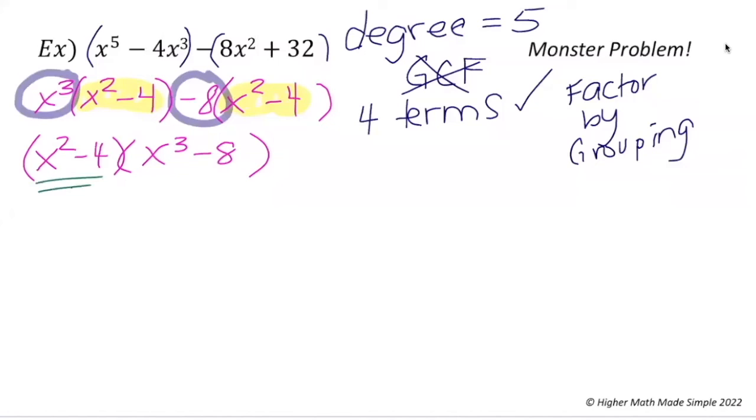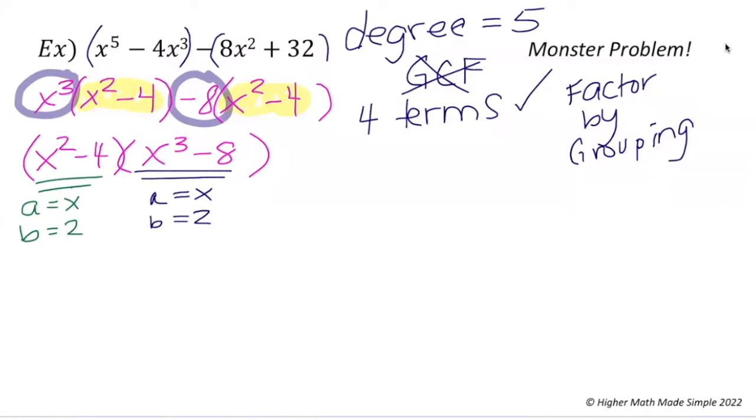Here is my difference of perfect squares. In this one, a is the square root of x squared, which is x. B is the square root of 4, which is 2. And in this second group, a is the cube root of x to the third, which is x, and b is the cube root of 8, which is 2.